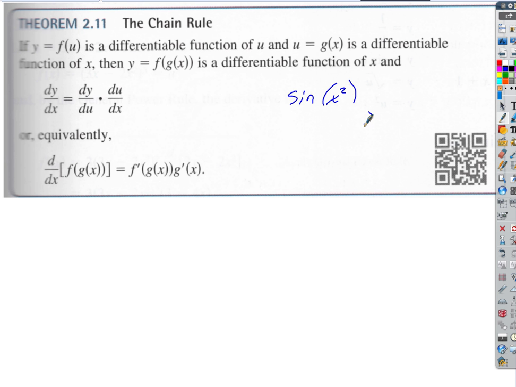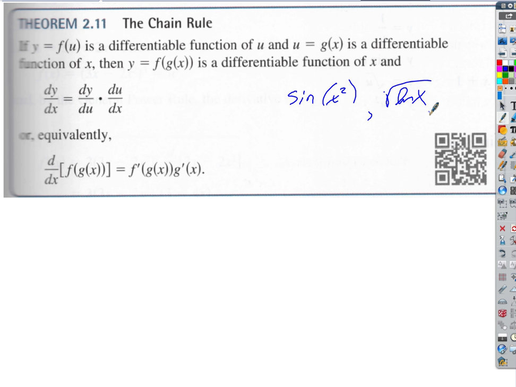I'll get you started: square root of log of x. What's the outside layer? I've got a square root of something, and inside that function is a log x, right? Remember this stuff?